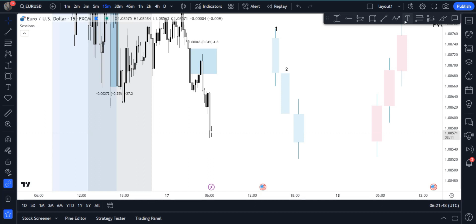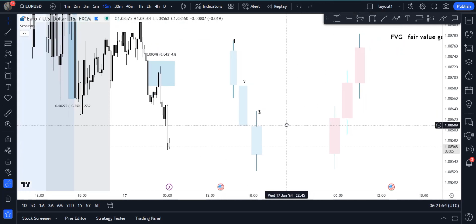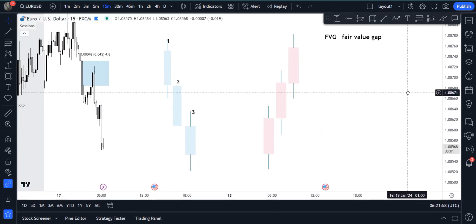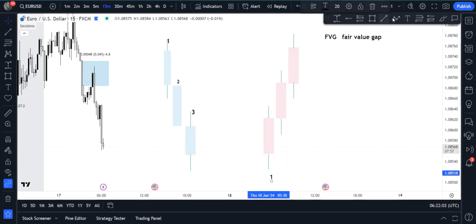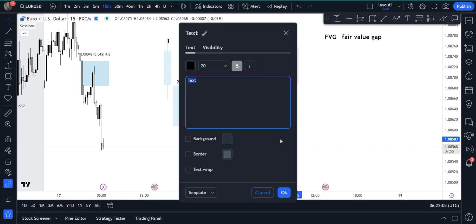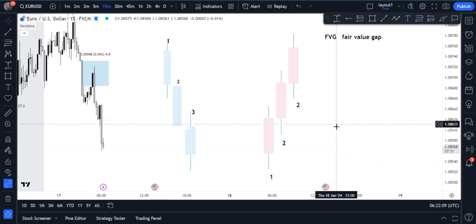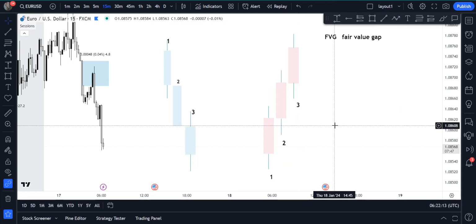And this is our third candle. The same thing is happening over here. We have the first candle over here, the second candle over here, the third candle over there.